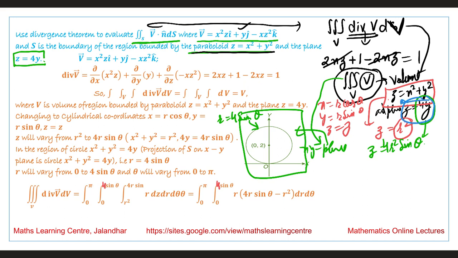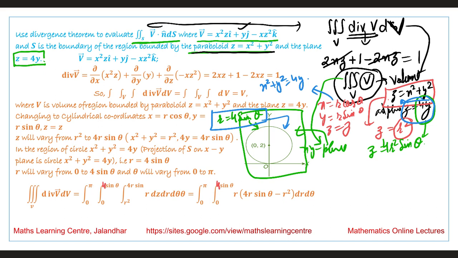When you substitute it, you obtain x square plus y square equals 4y. When you make the substitution x equals r cos theta and y equals r sin theta, you obtain r equals 0, or r equals 4 sin theta. So this is the equation of this circle.